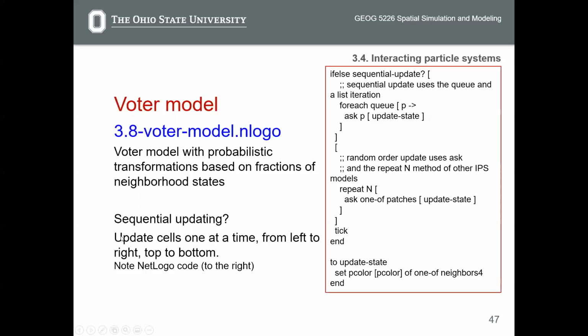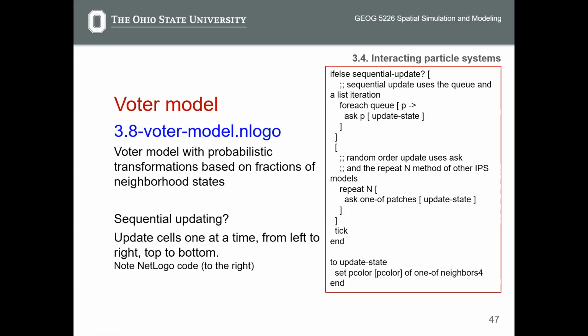But if you turn it on, this model will update cells one at a time. That's asynchronous. But from left to right, from top to bottom on the lattice, instead of randomly choosing one to update, right?